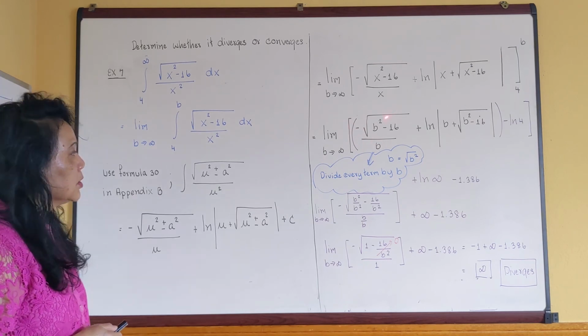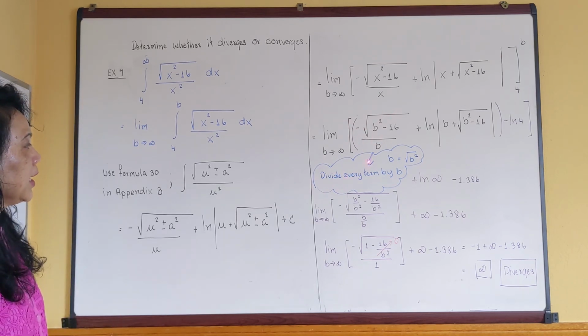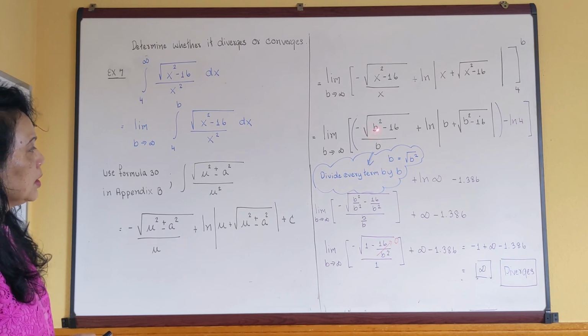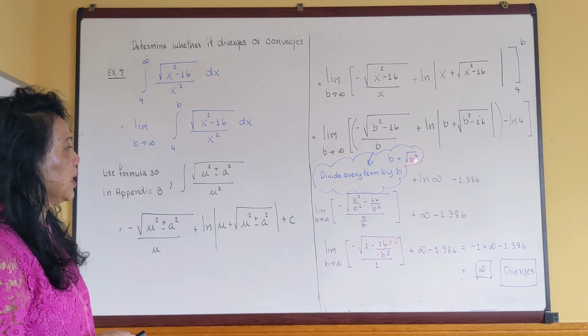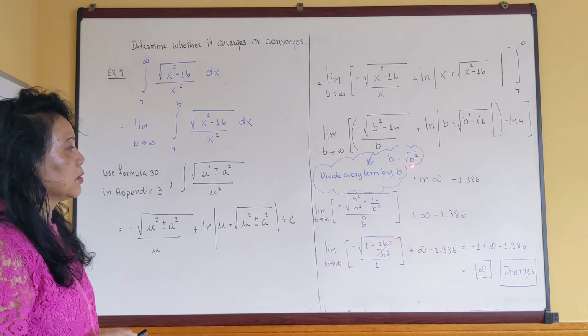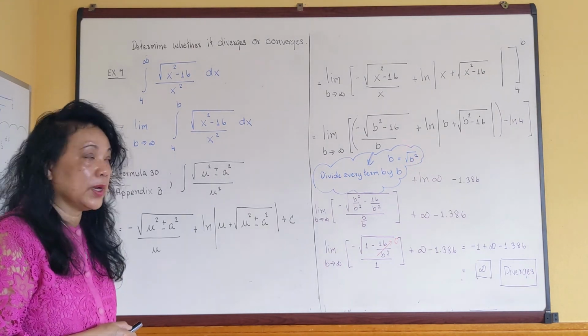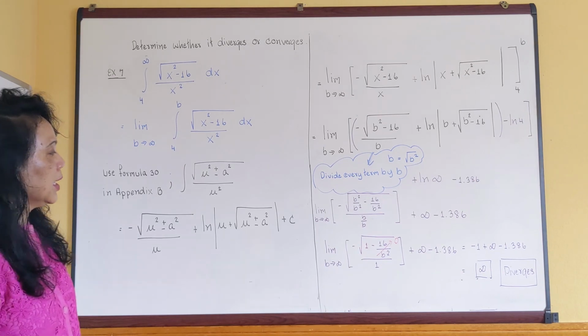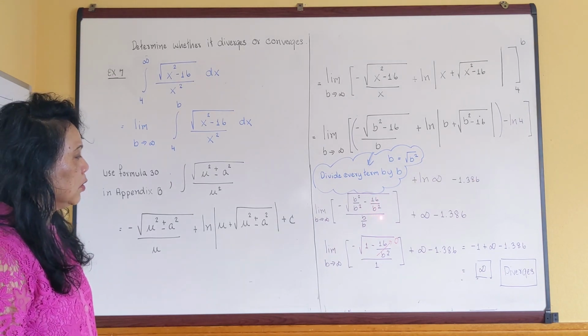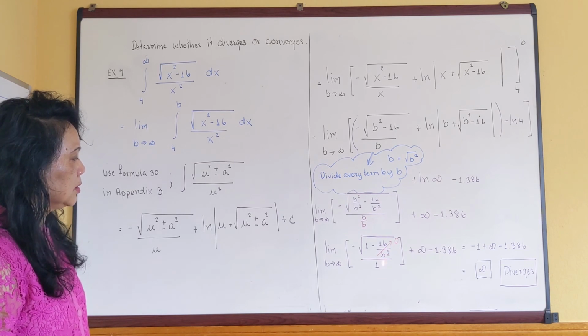What I'm going to do is divide every term by b. The one in the radical, because b is equal to the square root of b squared, inside the radical you have to divide by b squared. The b squared and b squared cancel out, I get 1, and then I have 16 over b squared, and the bottom is just 1.